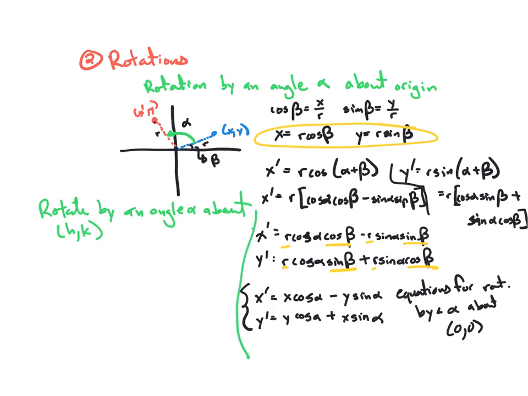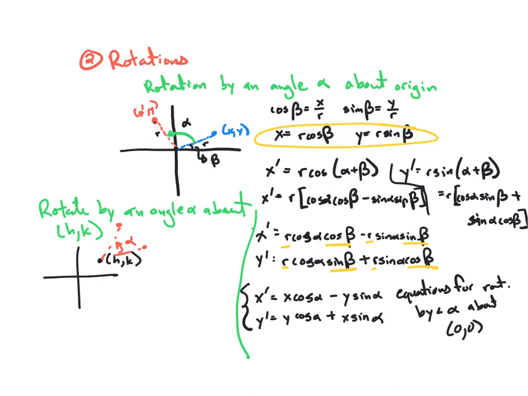Well, here we need to think about the product of multiple transformations. I know how to rotate about the origin. Let's say I want to rotate around this point (h, k) by an angle, not theta, but alpha.